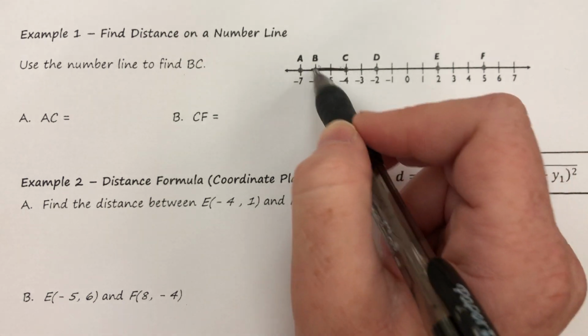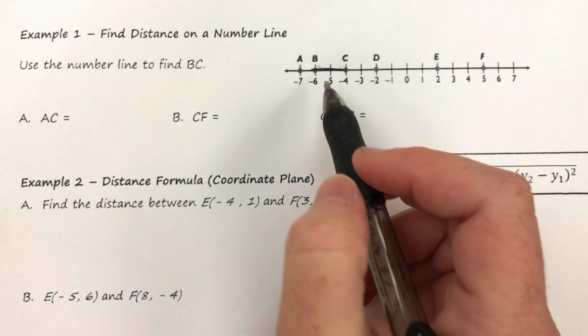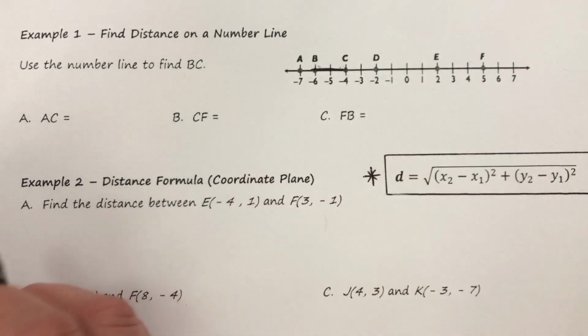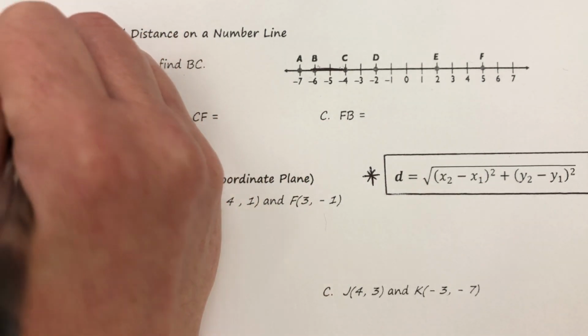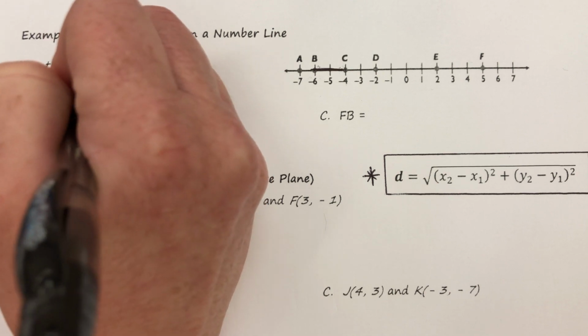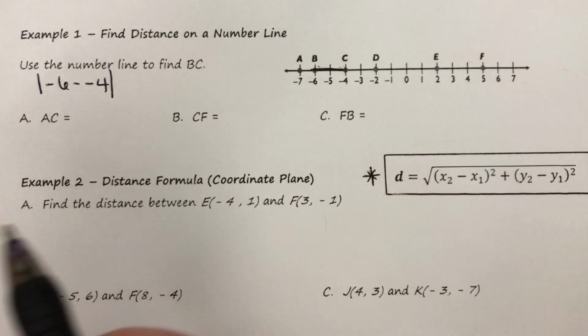Remember, the length on a number line is just the positive value of the distance between here and here. So if I wanted to find that, I would say either -6 minus -4, and whatever that amount is, it's got to be positive.